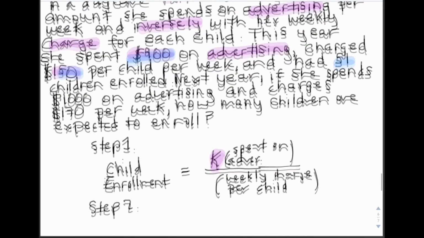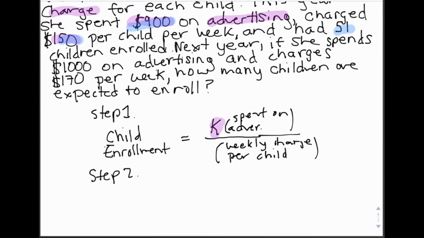So given that information, we can plug in and figure out what k is going to be. So child enrollment was 51. Our k, we don't know what that is, but we need to solve for it. Spent on advertising, $900. And then finally, weekly charge per child is that 150. So 150 is going to be on the bottom here.